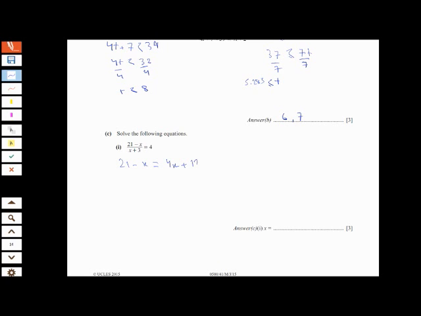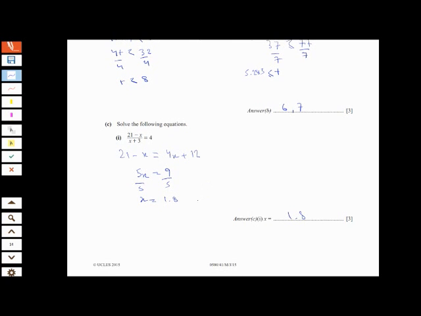So I end up with 3x equals, take this one over there, 5x. 5x equals 9. Divide both sides by 5. x would equal 1.8. These questions are basically 3 marks, so make sure you don't waste them.